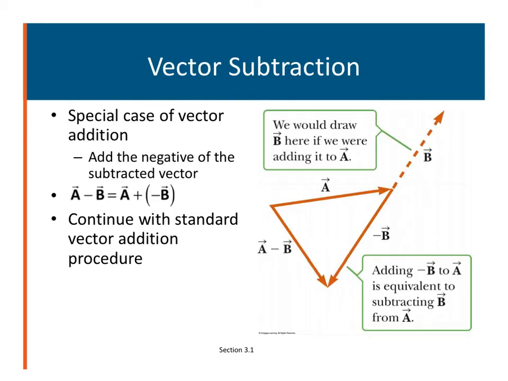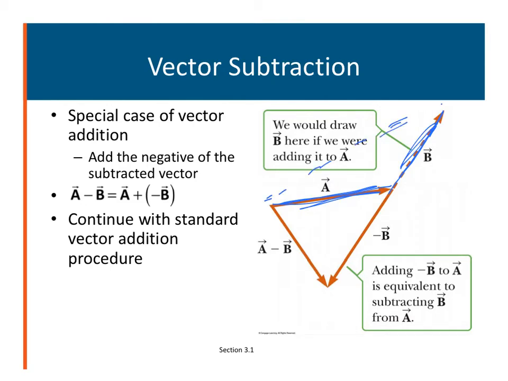So we can use this idea of a negative vector to subtract vectors, because subtraction is really just the addition of the opposite. And so if we want to subtract vectors, say we have vector A and we want to subtract vector B. If we were to add vector A and B, here's vector A, B would be up here and we would get a resultant right there.